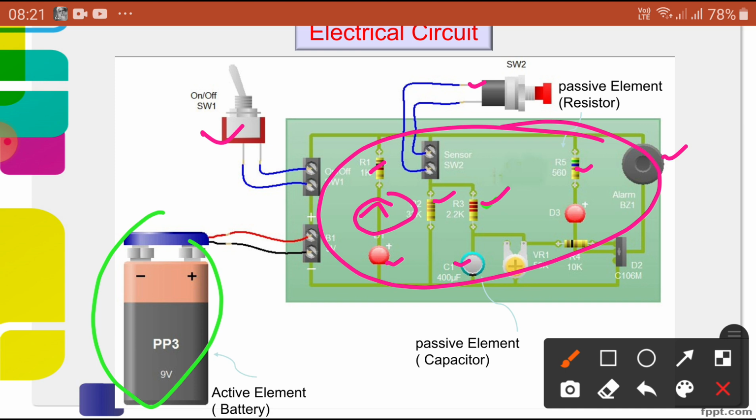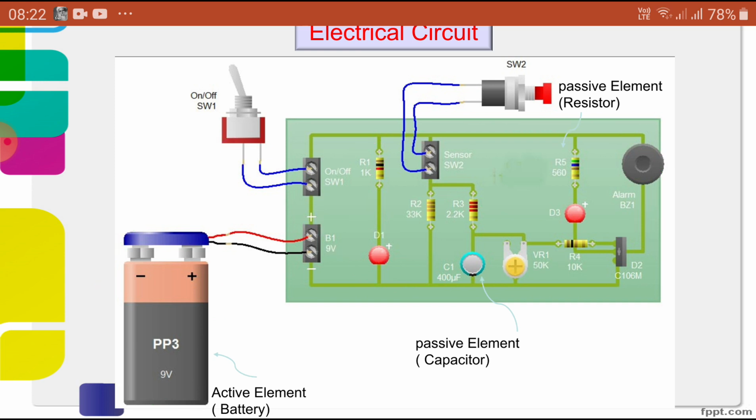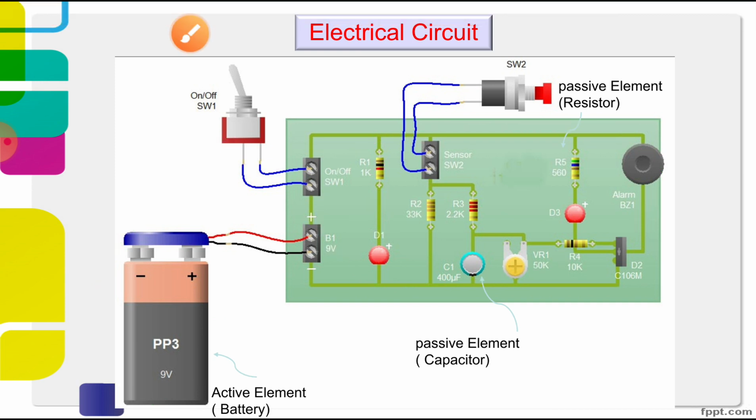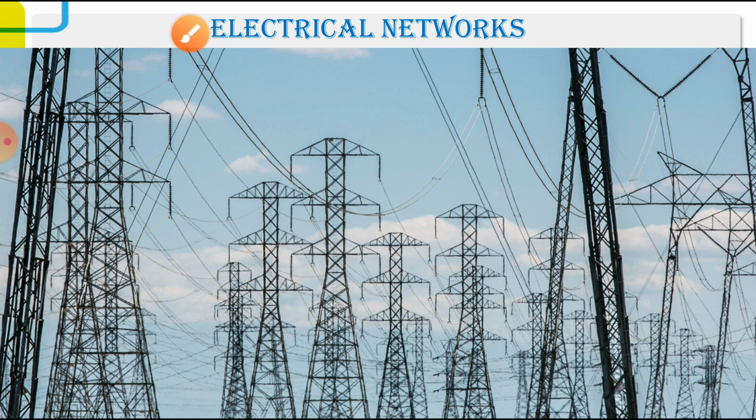Now, this is a simple circuit, but as you know, our power system itself is very complex. You can see what this is: electrical networks. It has different voltage ratings, LT voltages, HT voltages, EHT voltages, and it becomes more and more voltages, or HVDC also.